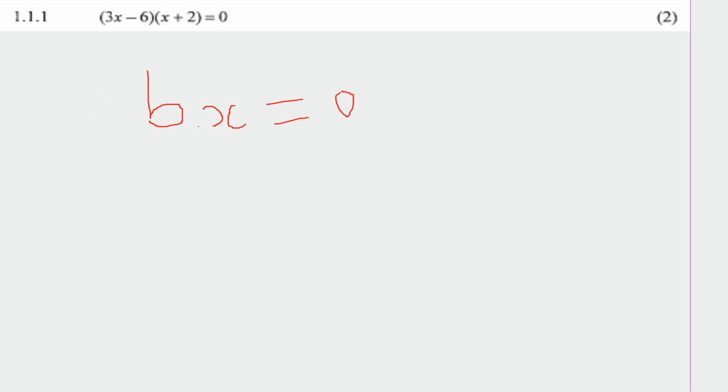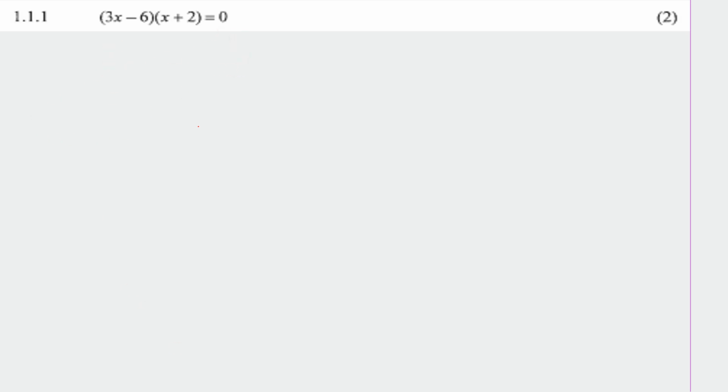So now let's apply this zero factor law. If 3x minus 6 is equal to 0, then the whole thing will be equal to 0. And 0 is equal to 0, because remember, when you solve for x, what is on your left must be equal to what is on your right, and on your right we only have 0.